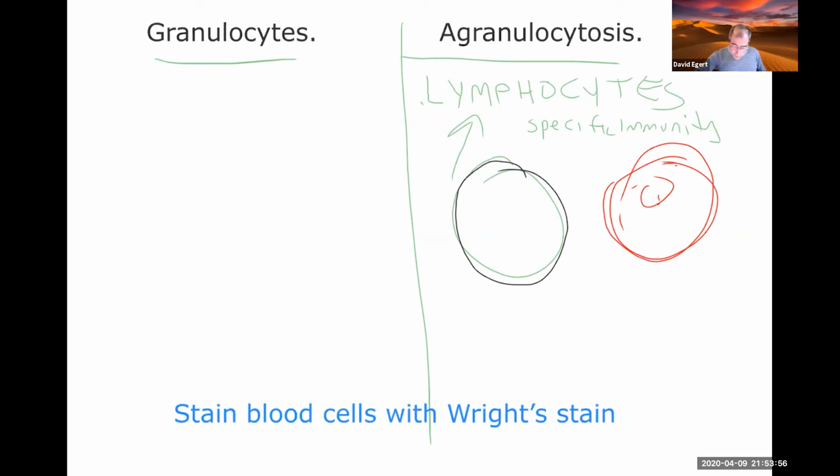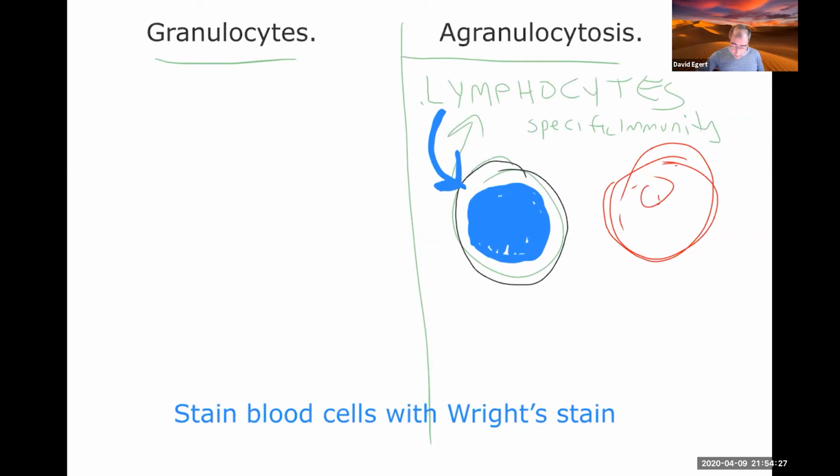Then they have a nucleus that fills almost the entire inside of the cell. There's usually a little halo of cytoplasm around it, but the nucleus stains dark blue and takes up almost the whole inside of the cell.